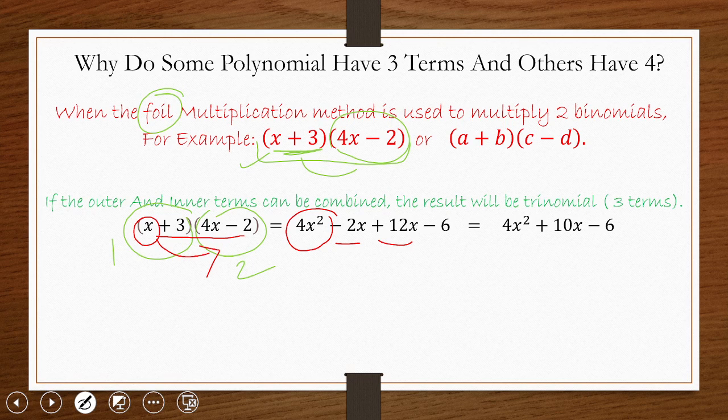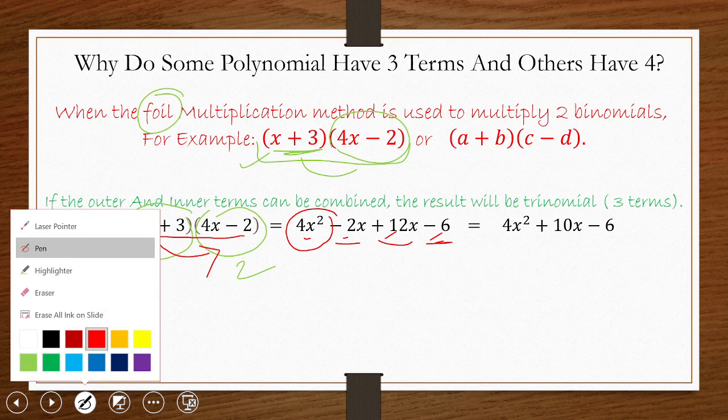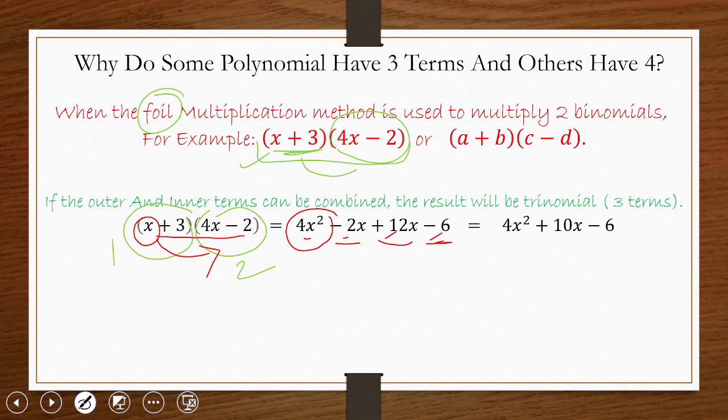Then 3 multiplied by minus 2 is minus 6. Now you can see a term being created, but you can say, ma'am, I can see 4 terms: 1, 2, 3, 4. So this is not a trinomial, this is not a binomial.